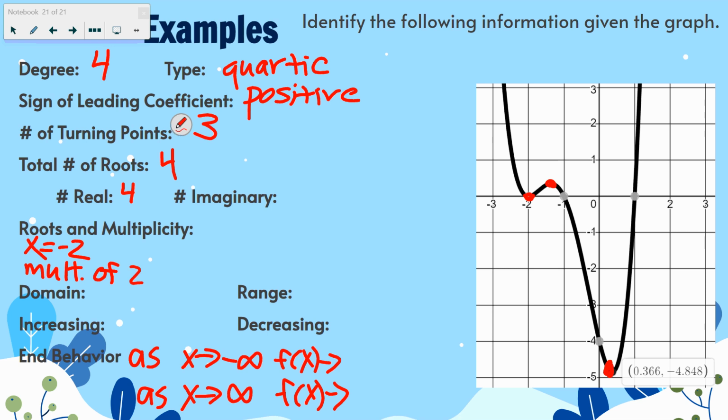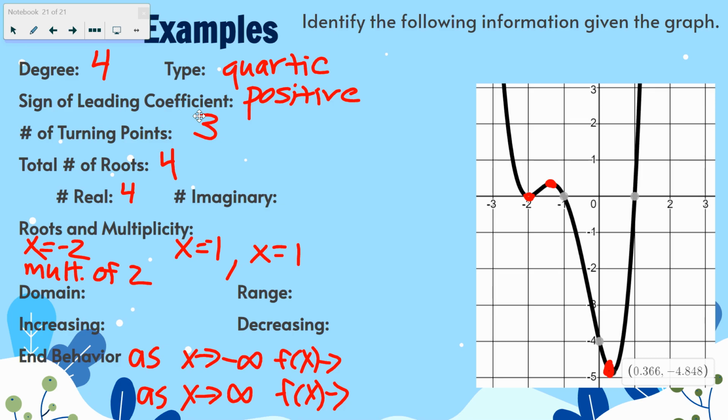Is that my only root? What else do we have as a root? x equals -1. Does that have a multiplicity? No. What else does x equal? 1. So this is where I get my 4 points for my 4 real roots, my 4 solutions. -2, think about multiplicity, 2 points, then 1, 2 more, 4.